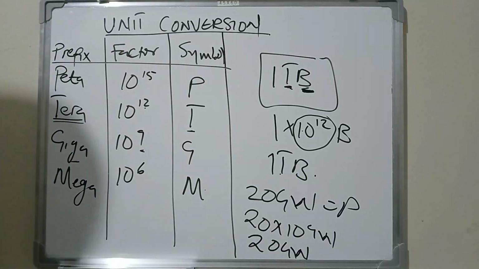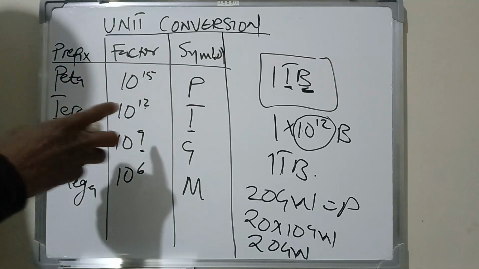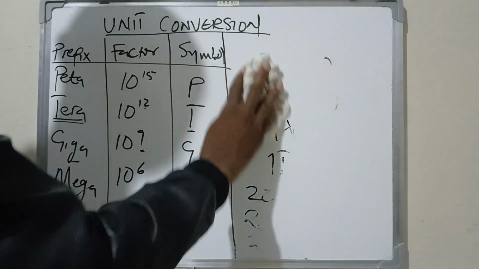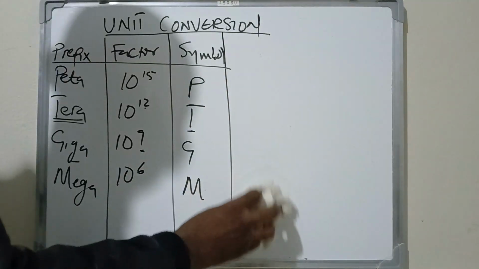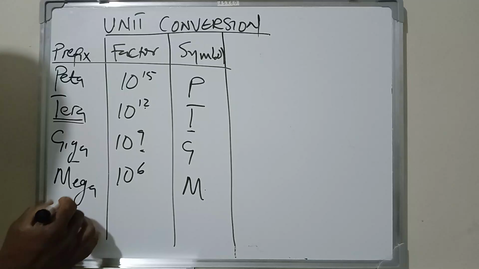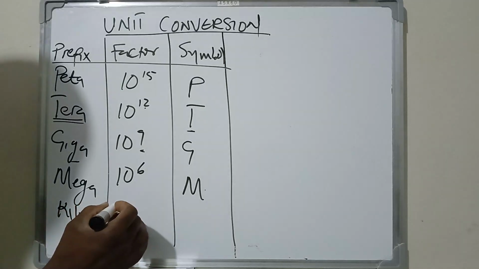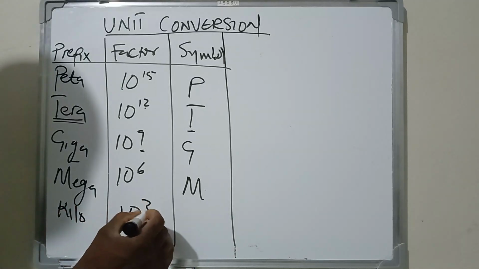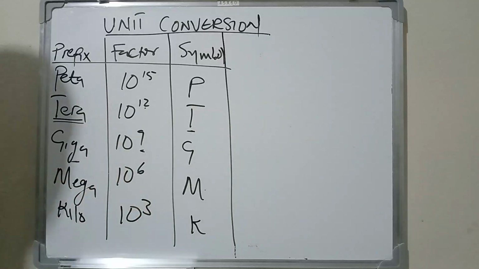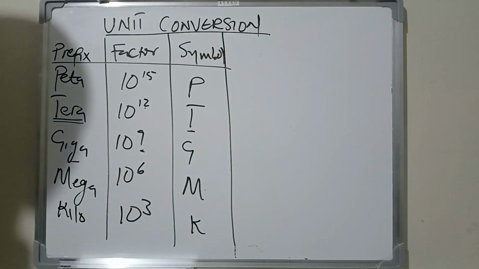That's how we use the table of the prefix and the multiplication factor. From here we also have kilo, which is 10 to the power 3, and the symbol is k. We are very much familiar with this. Kilometers means times 10 to the power 3 meters.